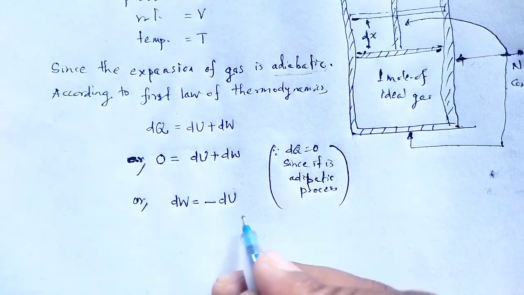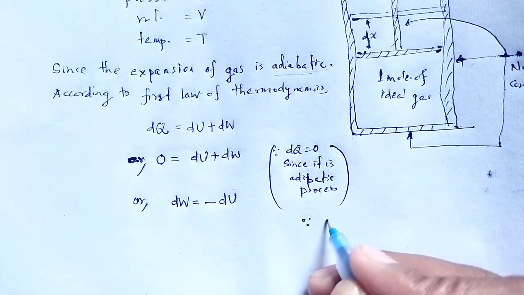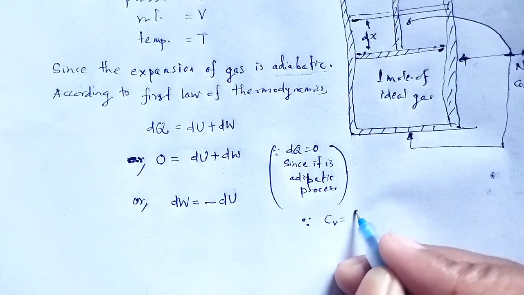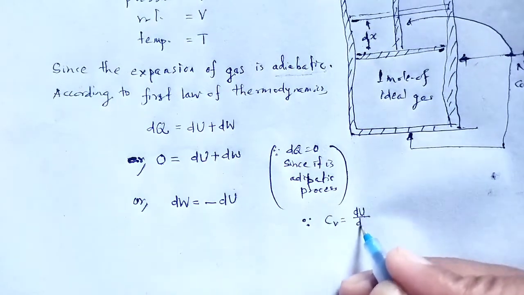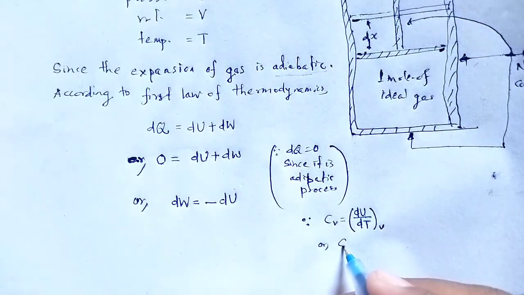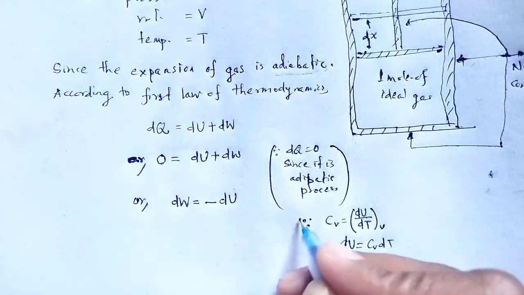In place of du we can write, we know Cv, the specific heat of gas at constant volume, Cv is du by dT at constant volume. So du is equal to Cv dT.